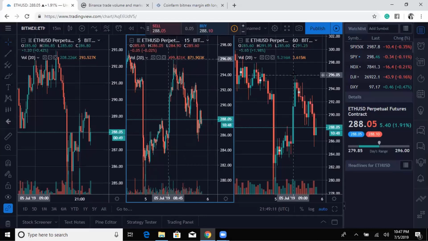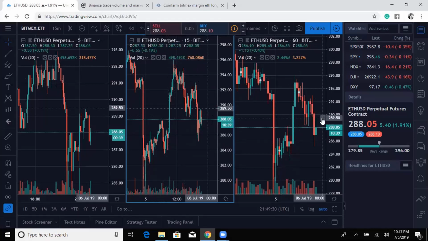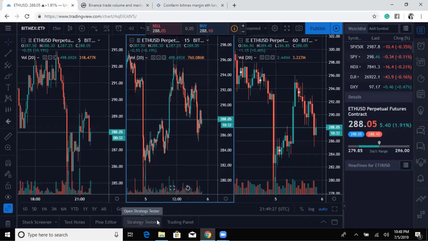Each candlestick, remember, we say they represent 1 hour. So this went up to 296. So if you were taking a long position at this price right here, 288, 289, you should be looking at selling at 296. So that's just how looking at multiple time frames can really help us.